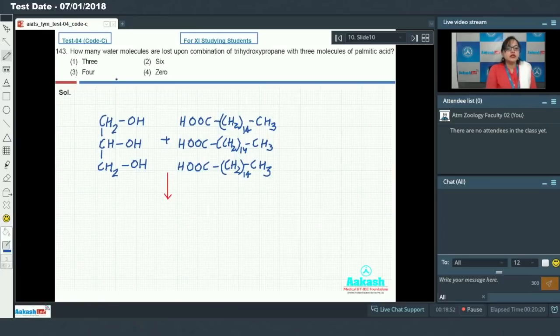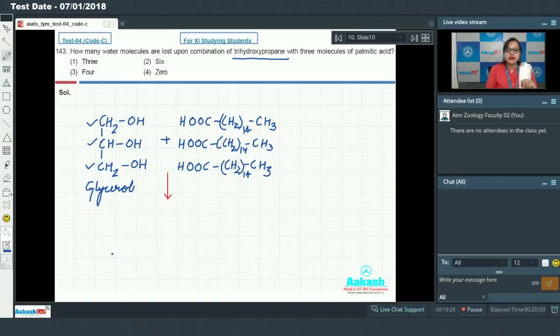That is question 143, which says how many water molecules are lost upon combination of trihydroxypropane with 3 molecules of palmitic acid. So trihydroxypropane is actually another name for glycerol, since it has 3 hydroxyl groups and there are 3 carbons, so it is known as trihydroxypropane.